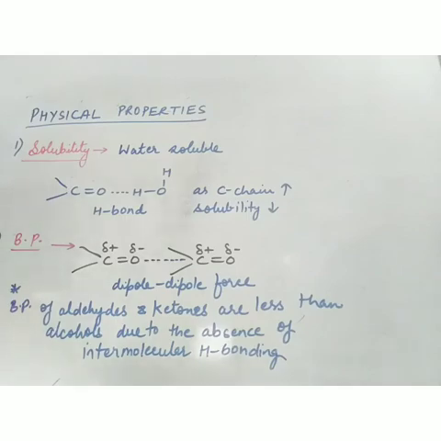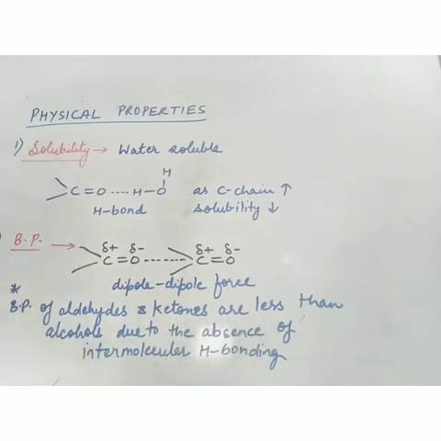So if you compare aldehydes and ketones with comparable hydrocarbons, then their boiling points are more because of this dipole-dipole force. It is a type of intermolecular attraction. But if I compare aldehydes and ketones with alcohols, the boiling points of aldehydes and ketones are less than the alcohols because of the absence of intermolecular H bonding.